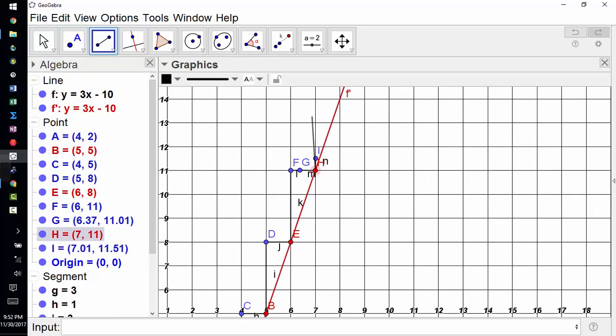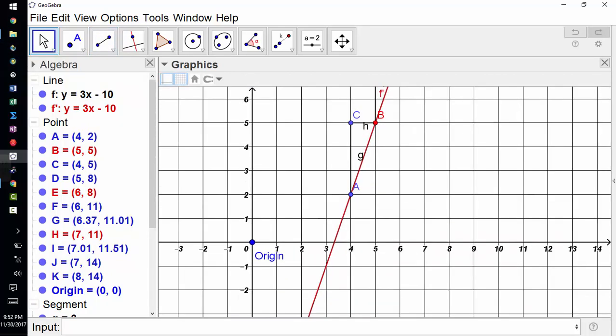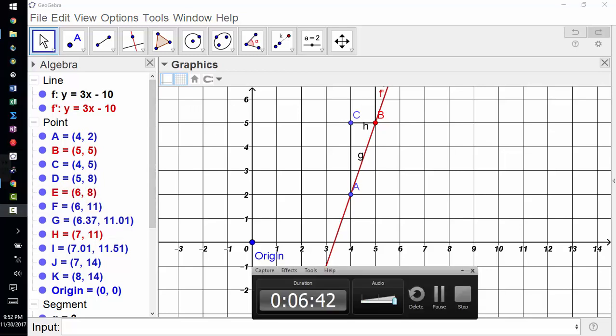It's never going to change. It doesn't matter how many times I do this, it's the same line. That's because the slope of the dilation is the same as the slope of the line, and we're dilating points that are on that line. So that's hopefully a better explanation and a nice visual to go along with it.